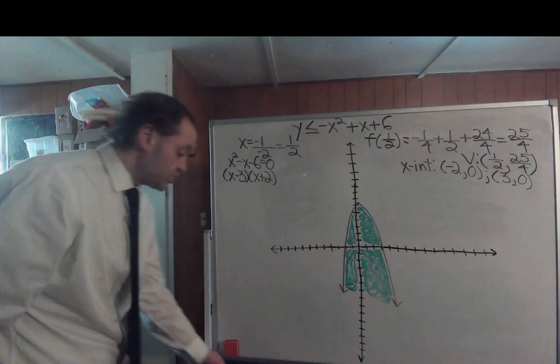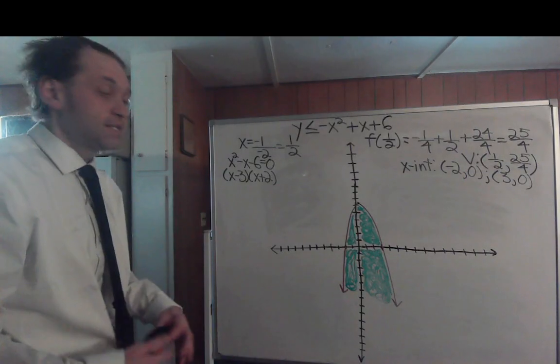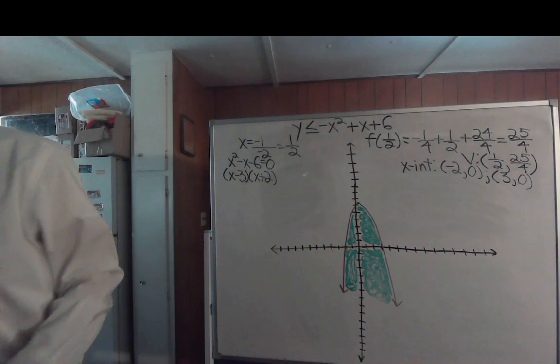So that's the region you would shade, everything below the parabola. So that's the piece you would get. And I have about 3 more.